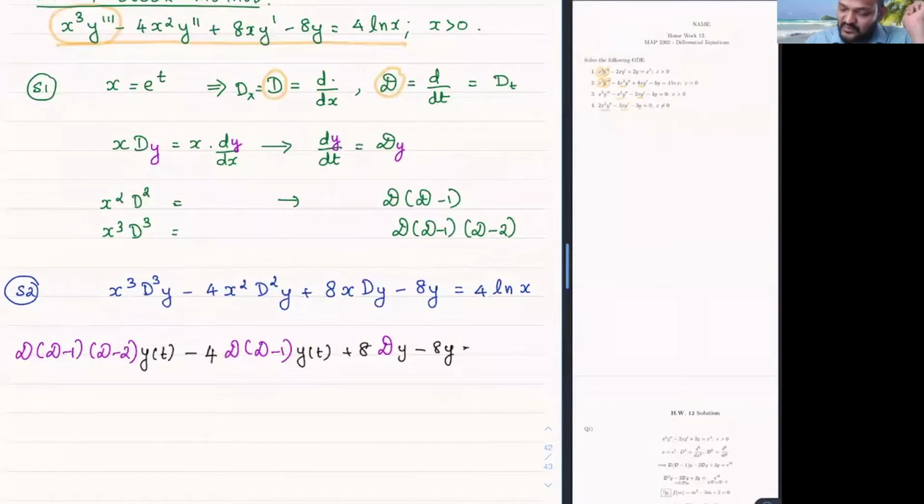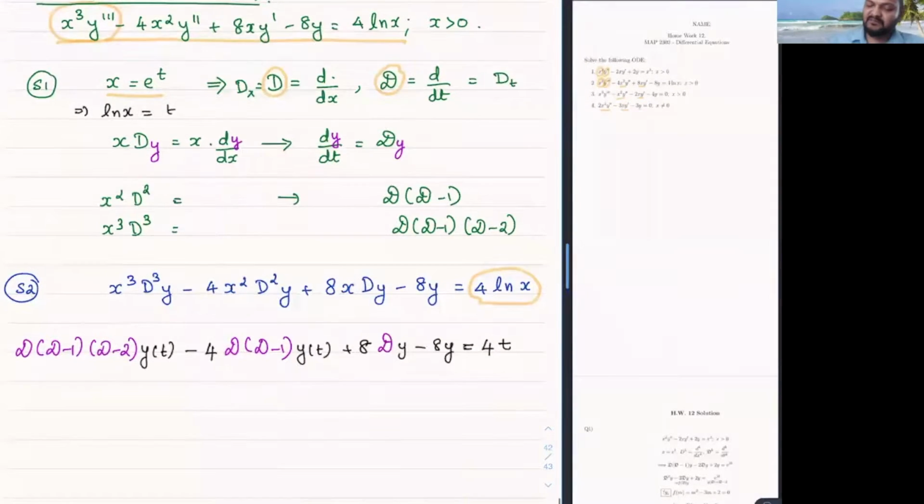So now that is going to be equal to 4 times ln of x. Our substitution is x equal to e to the t, and therefore t is equal to ln of x, so this becomes simply 4t. Now I have to simplify this.